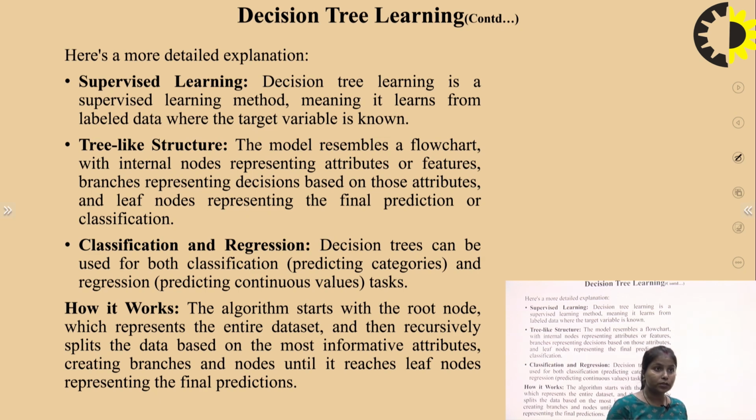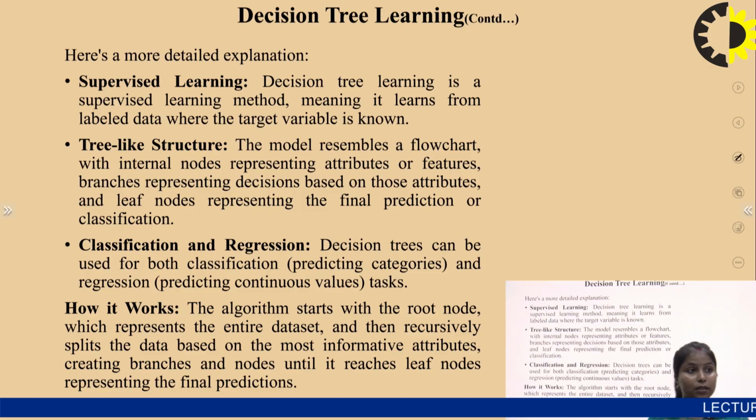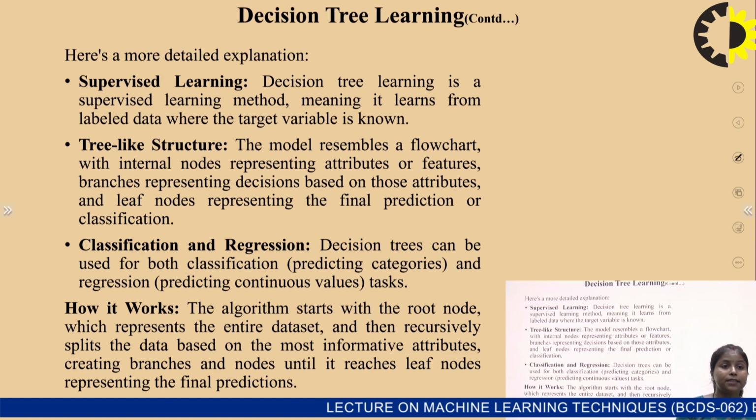Decision tree learning has some components. It is used in supervised learning, meaning it learns from labeled data where the target variable is known, and it shows a hierarchical tree-like structure of the data sets. It is used for classification and regression, but mostly for classification. And how do decision trees work?